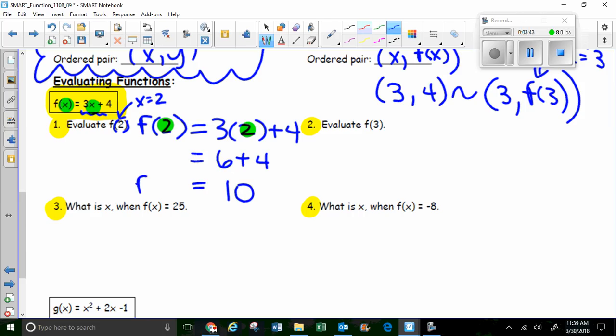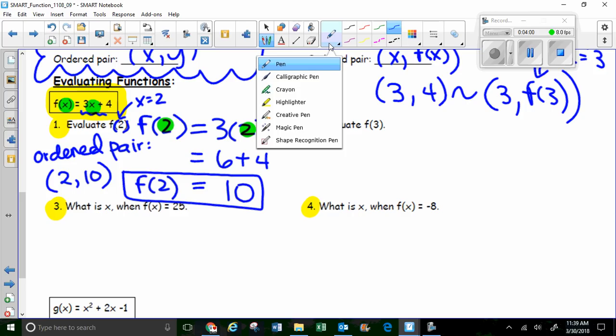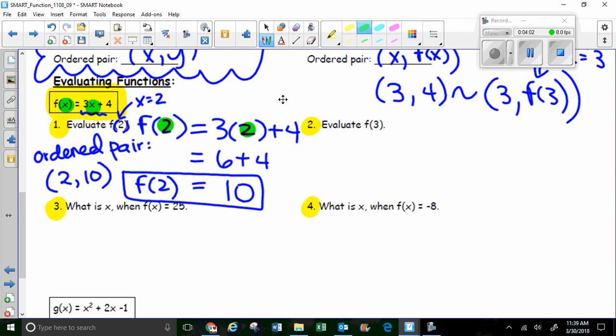So what we would say is y, aka f of 2, is equal to 10. I can also write that as an ordered pair with my x and my y value. So it would be 2 comma 10, the ordered pair. And you can really write the answer in either of these two ways. Some prefer the ordered pair, some prefer the function notation.